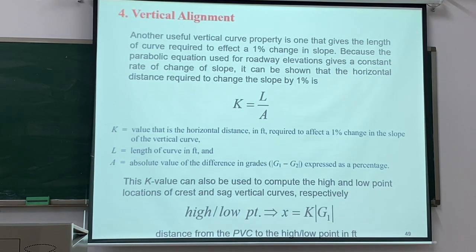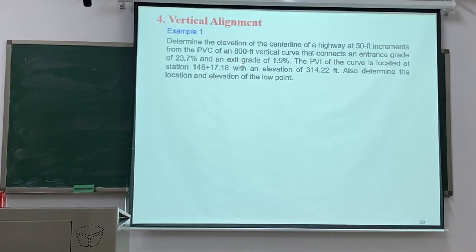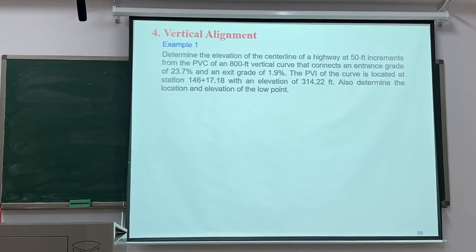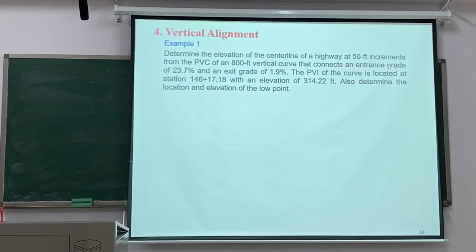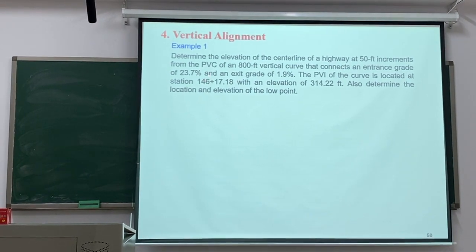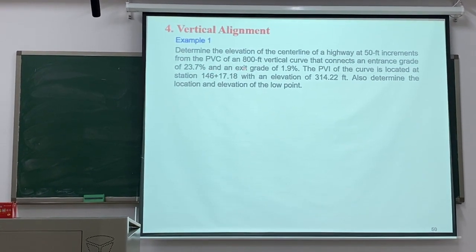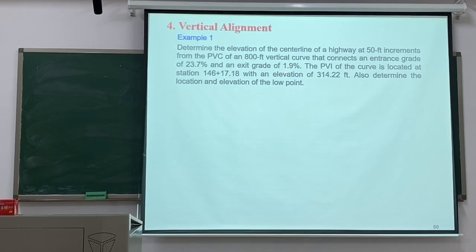Okay, we have an 800 feet vertical curve that connects an entrance grade, G1, and an exit grade of 1.9%.